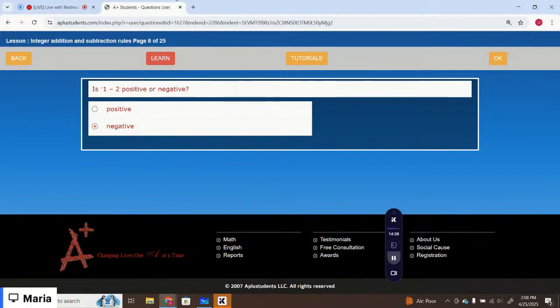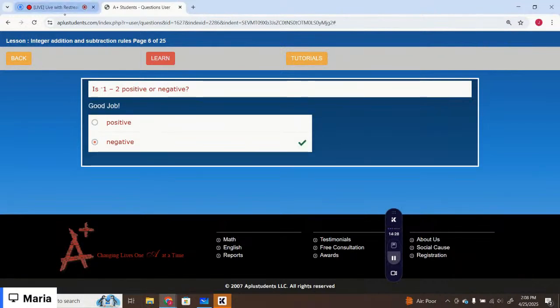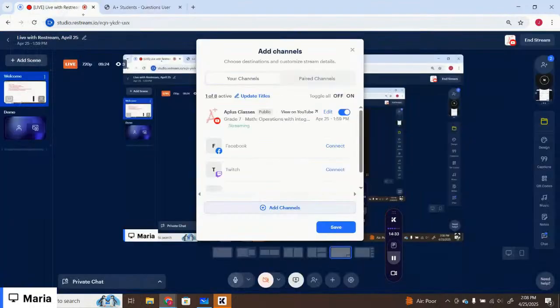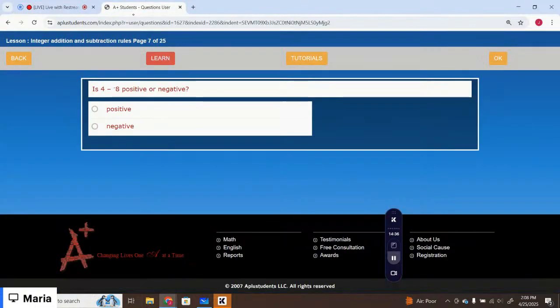Very good. The answer is negative. Can you please check the session name now? Minus negative 8, positive or negative? Negative it is. Option number 2 is the correct option.